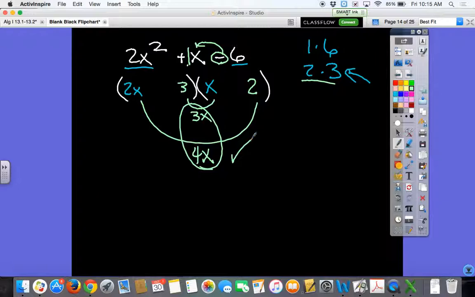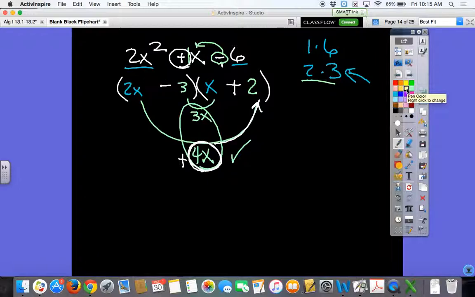Now, here comes the weird part. The signs have to be different, so the big pair gets the plus. With a big pair, 4 is bigger than 3. 4 gets that plus sign. Well, who helped make it? It was the 2. Now, that may not seem strange to you, unless you go back and look.